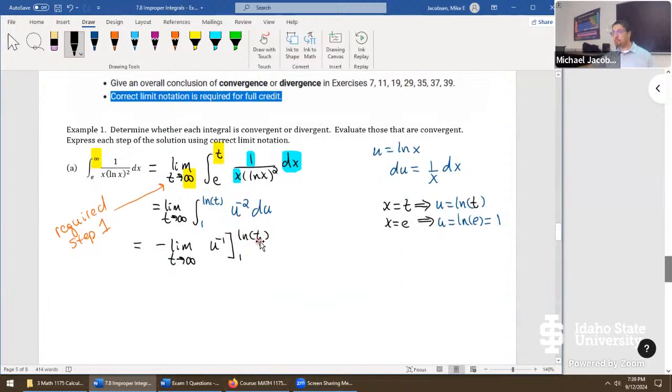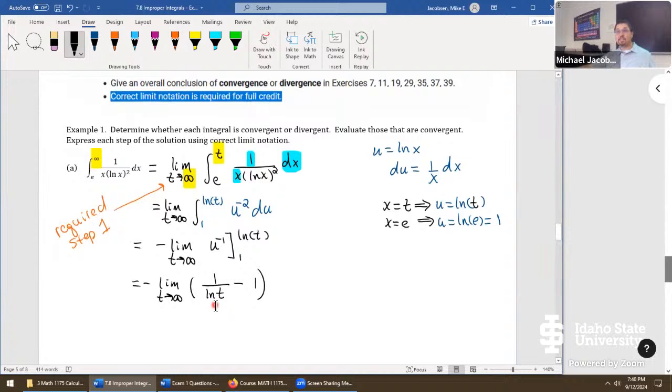So finally, upper limit is natural log t. We're going to be plugging it in here, so it's natural log t to the power -1. Or you can now at this stage, because we're done with the antiderivative, call it 1 over natural log t. Then minus, we're plugging 1 into u power -1, but that's just going to turn into a 1 itself. 1 to any power is just 1.